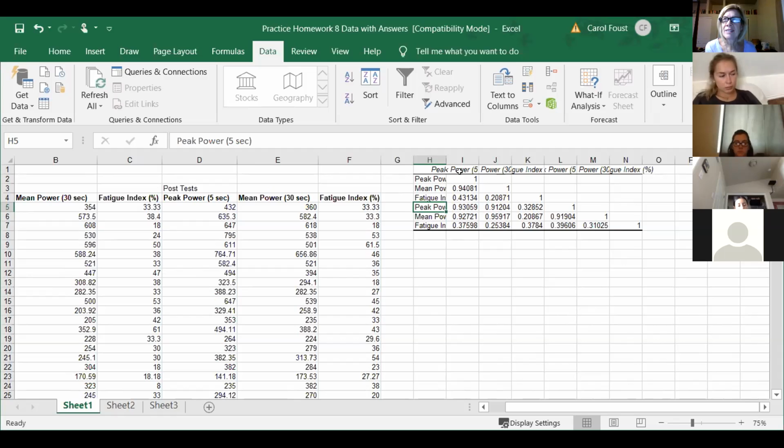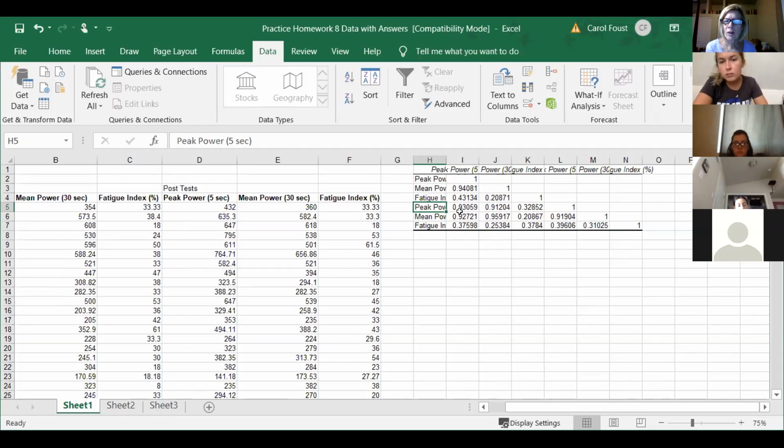Are you guys seeing how to read that? We read it just like a map. We look at the peak power for day 1 against peak power day 2, which is down here. So we've got a correlation of 0.93. You guys seeing that? This is the first peak power, and this is the second peak power.